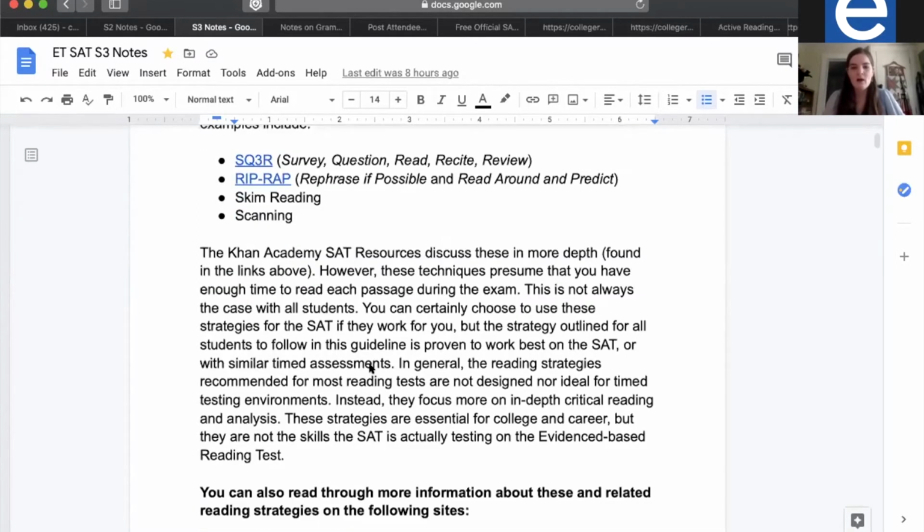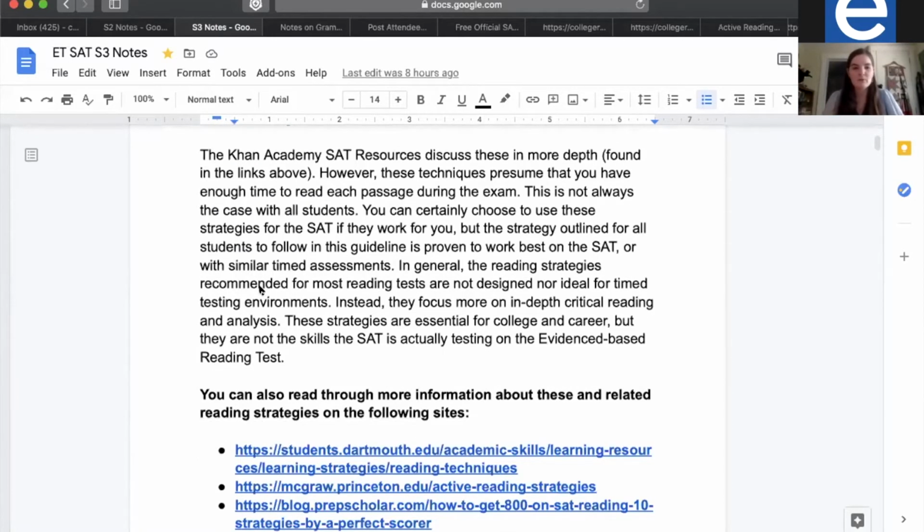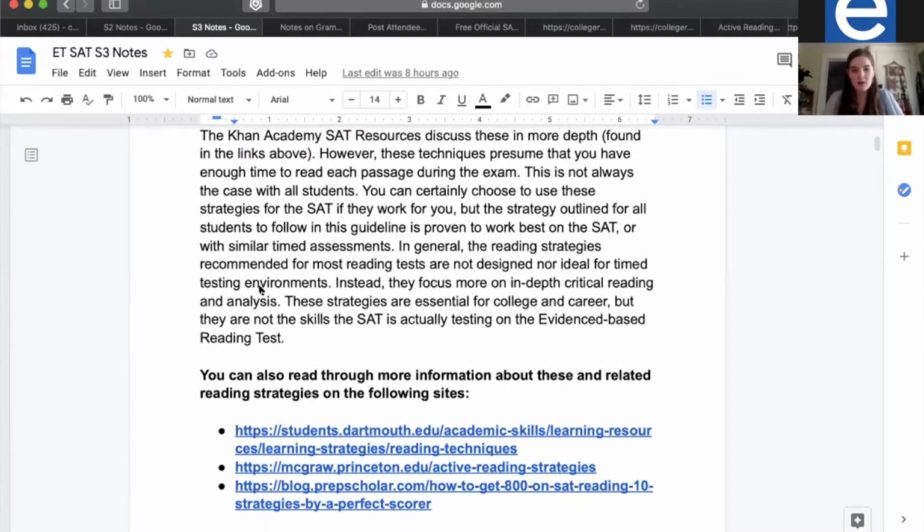You can definitely choose to use any of these strategies or any other ones that you're familiar with. I'll add a few more here and there as we proceed, but I didn't want to overwhelm you today because there's so much information we're going to go over right now. You can definitely use these if they work for you, but they're not going to work for everyone.